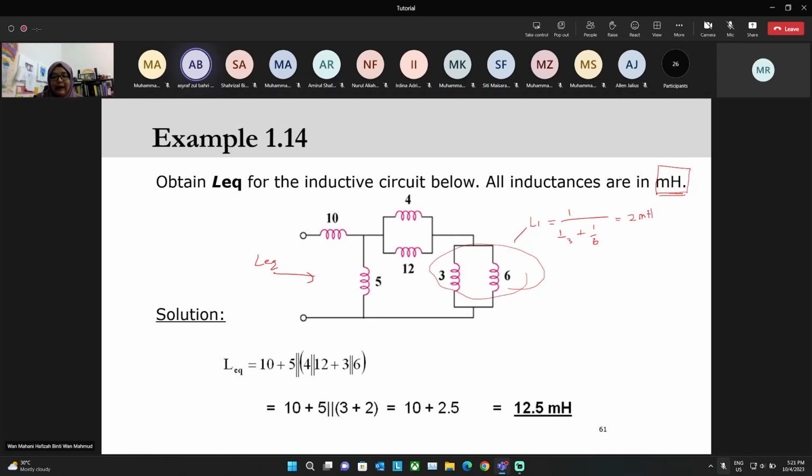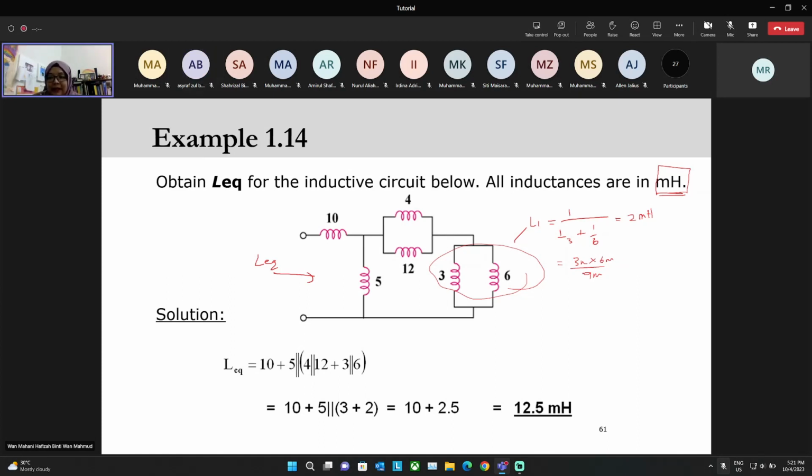Kalau ada dua je kan, L1 dan L2 tu boleh guna yang macam L1 darab L2 per L1 plus L2. Boleh. Ini kan yang bahagian sini. You nak kira L1 ni sama dengan 3 mili darab 6 mili bahagi dengan 9 mili. Betul? Betul.